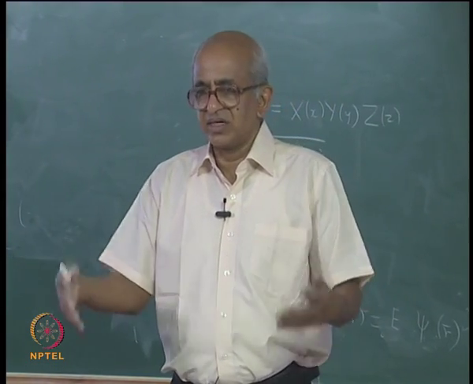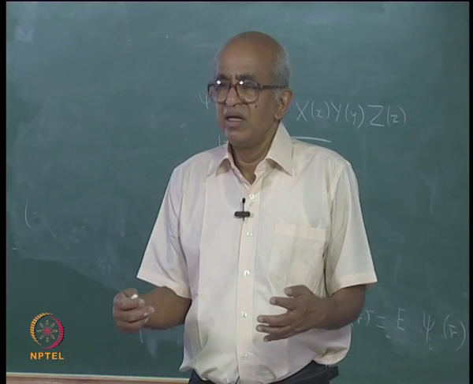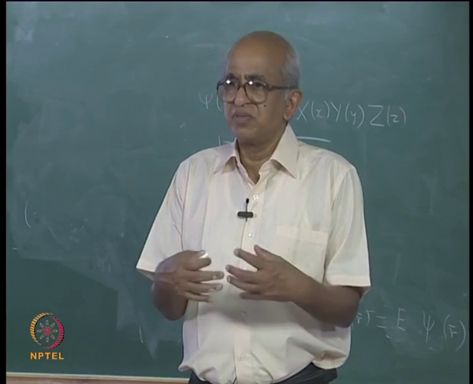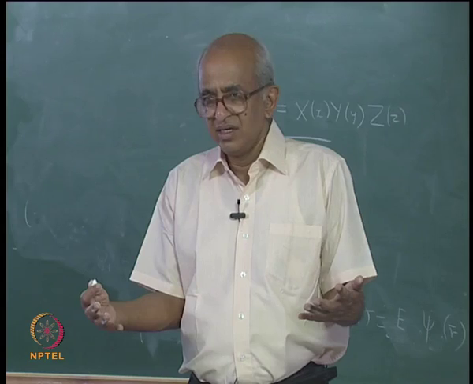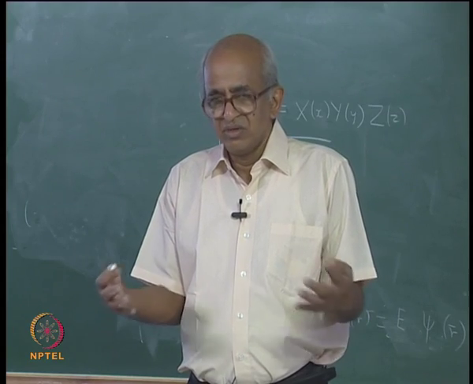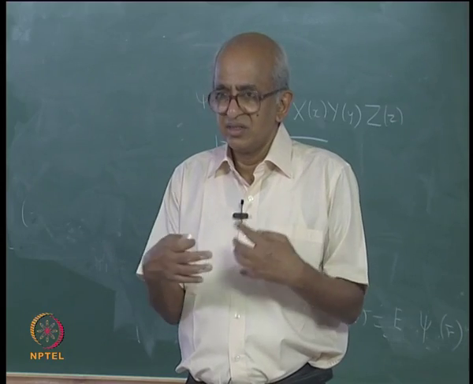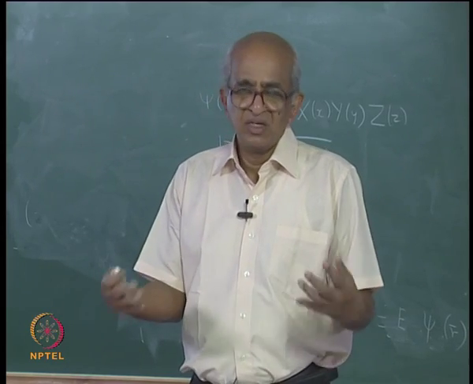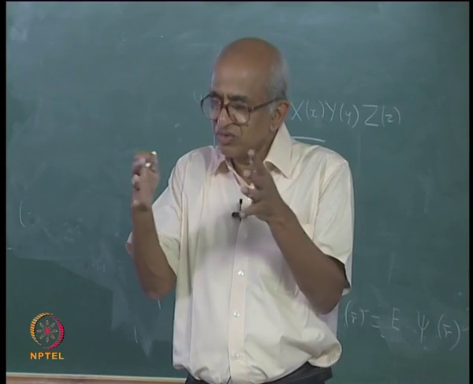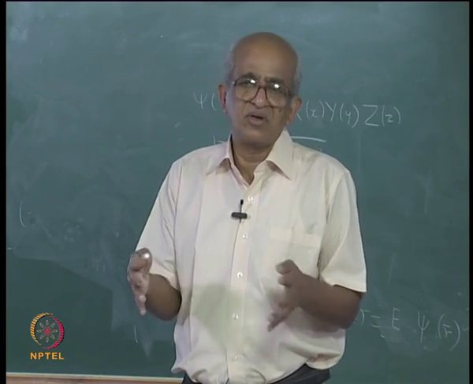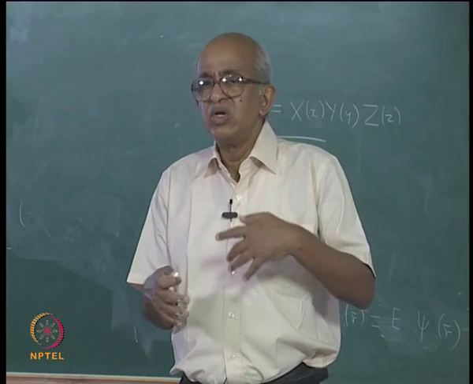This is a potential that has spherical symmetry, and if you have a problem with spherical symmetry, you have to make use of a coordinate system which will exploit that spherical symmetry of the system. You should not use Cartesian coordinates. Cartesian coordinates are appropriate if you had cubic symmetry.